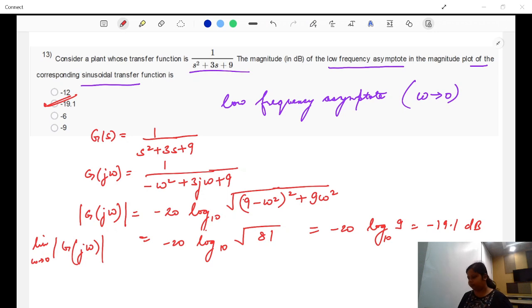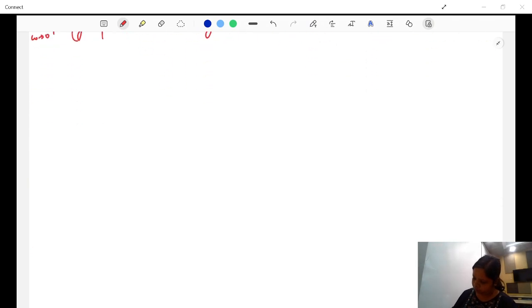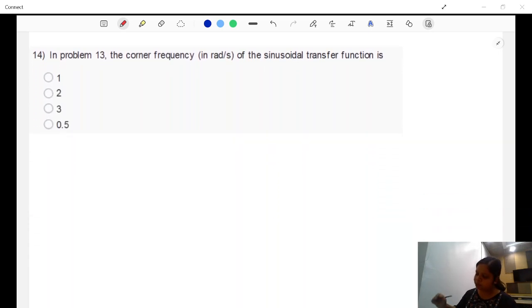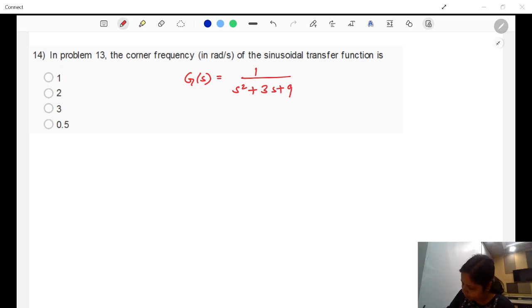Okay. Now, in this problem, what is the corner frequency? So our transfer function was 1 upon s square plus 3s plus 9. It can be compared with omega n square upon s square plus 2 zeta omega n s plus omega n square.